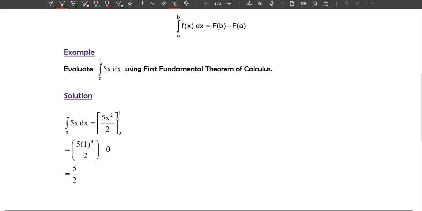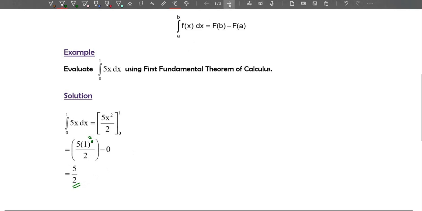So this one is actually 5 times 1 to the power of 2 over 2 minus 0. So the answer is 5 over 2.